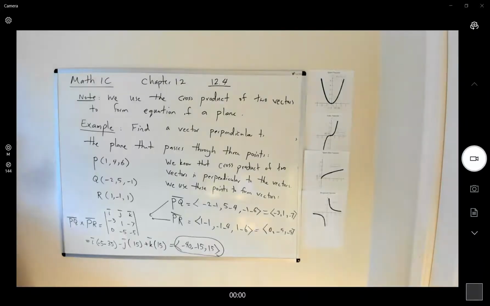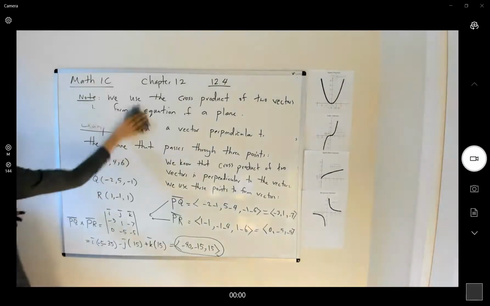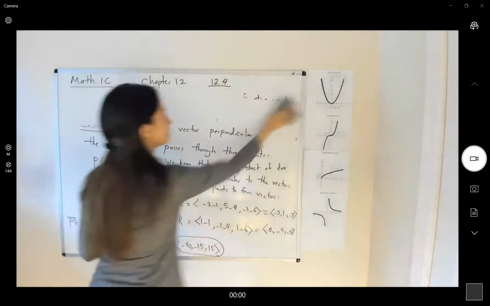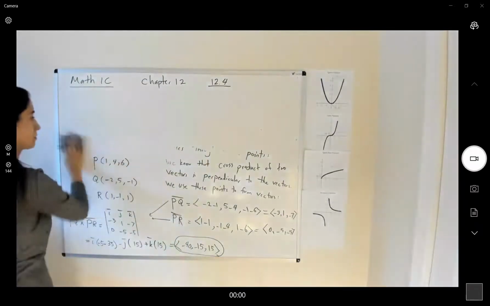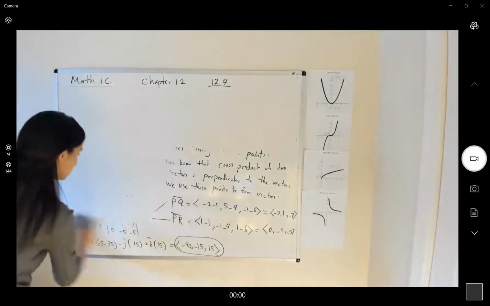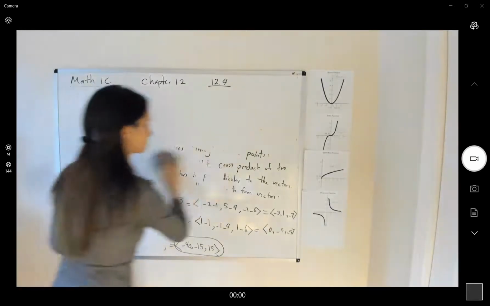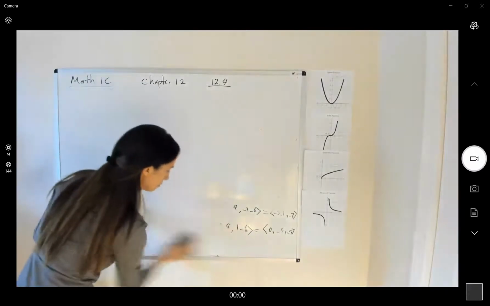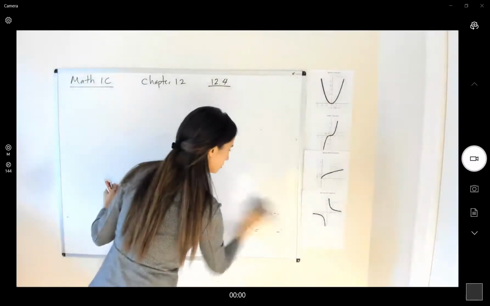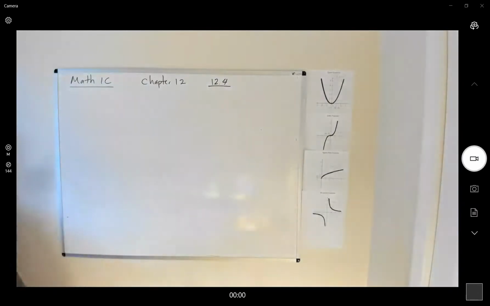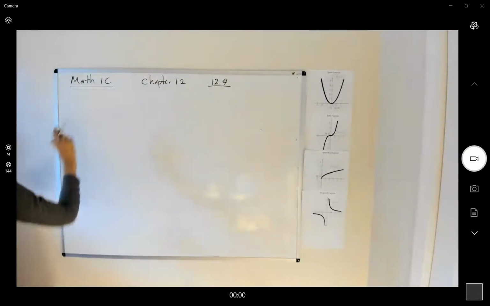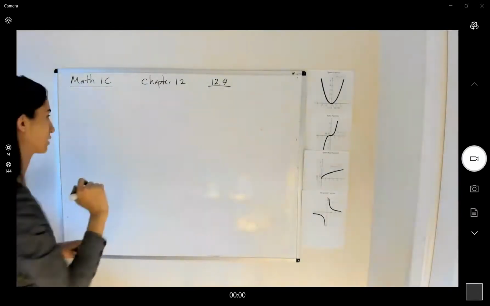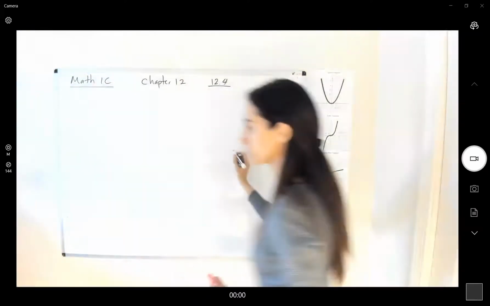There we go. Another formula for you. So suppose you have 3 vectors.